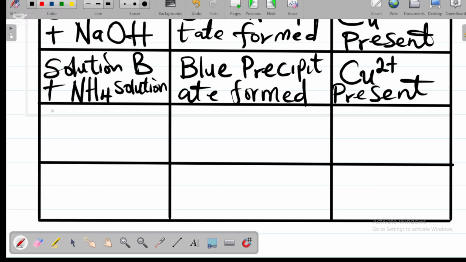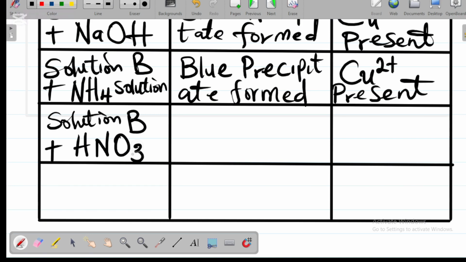The fourth one is solution B plus nitric acid. So we have here solution B plus nitric acid. What should be your observation?